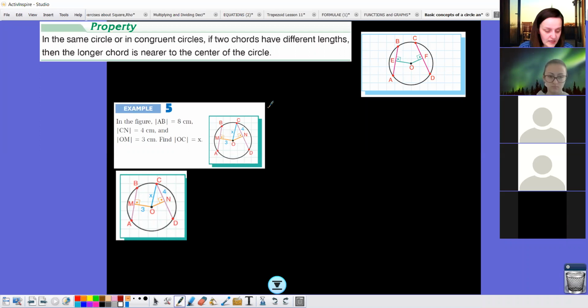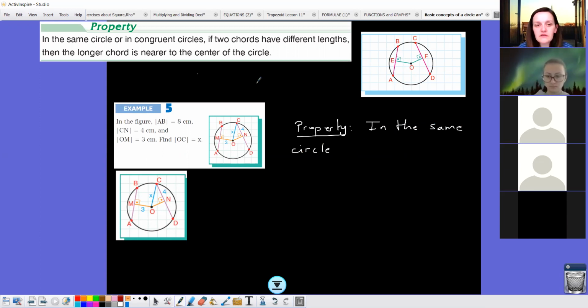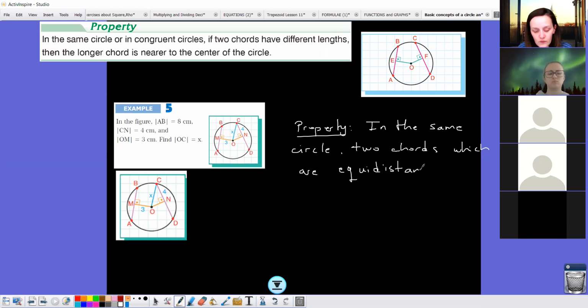It's forgotten. I can write here another property. In the same circle or in congruent circles, two chords which are equidistant from the center are congruent.